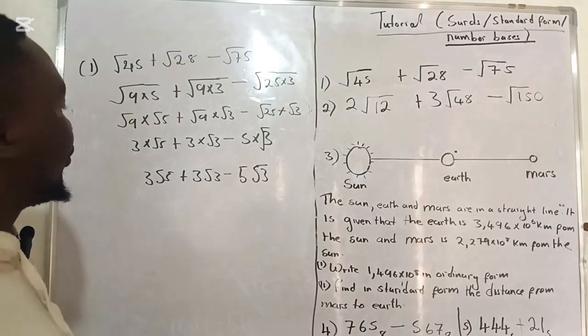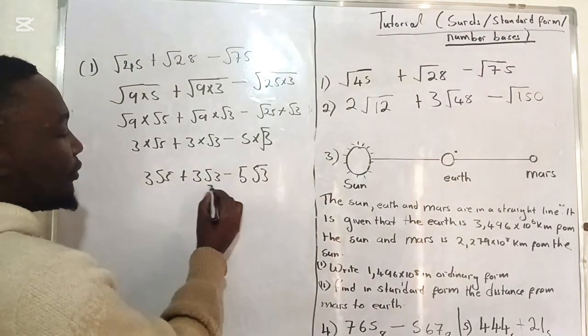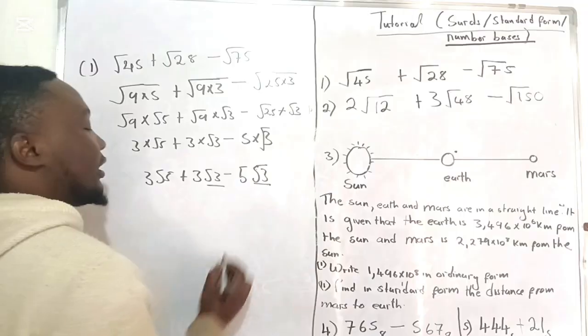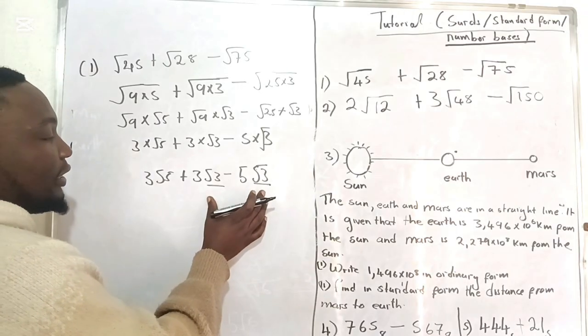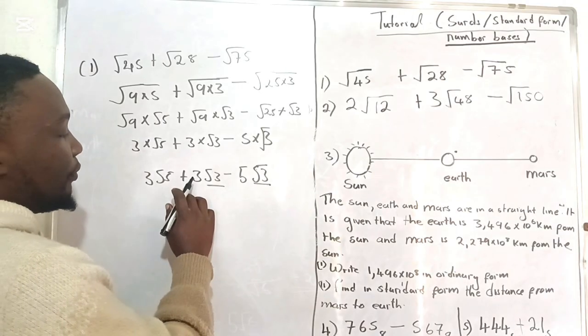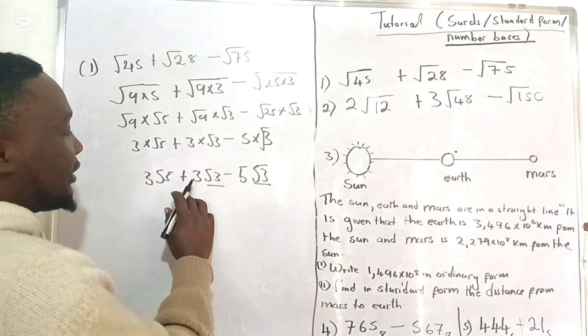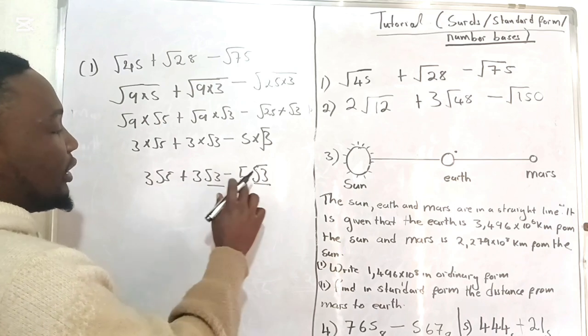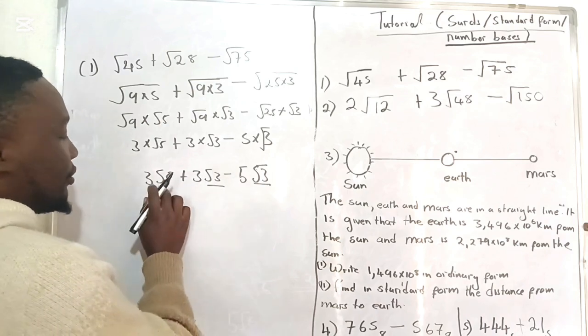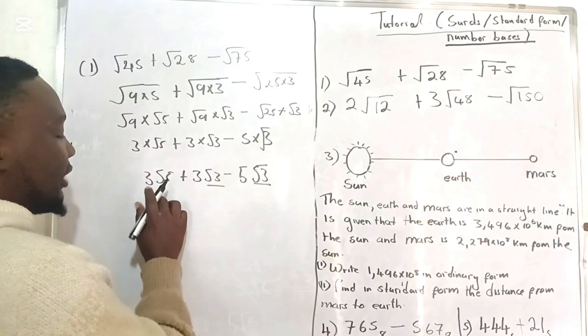So we move on. Here we have root 3 and here we have root 3. These are common factors. So we are going to remove root 3 from the brackets and we are going to operate on 3 and 5. But here is root 5, so it remains like that.